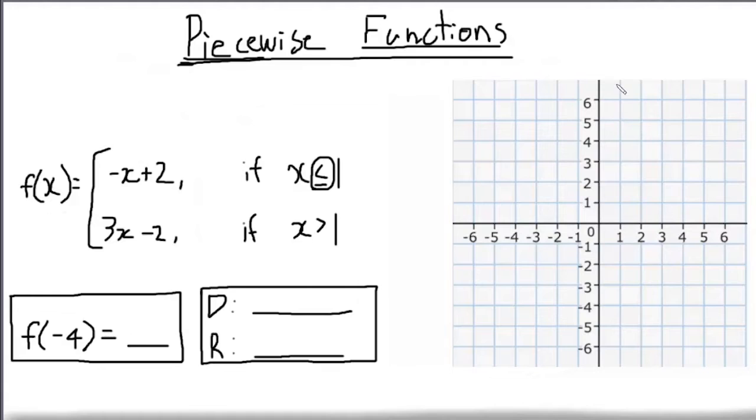We know that it can't go past that 1. So we'll see what the y value is when x is equal to 1. When x is equal to 1, we get negative 1 plus 2, so 1. The y value will be 1 when the x value is 1. So we'll just draw our closed circle here.